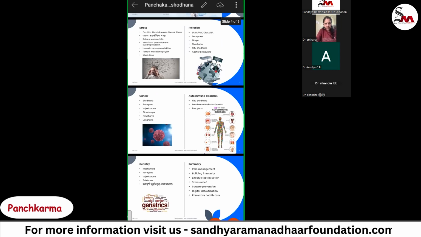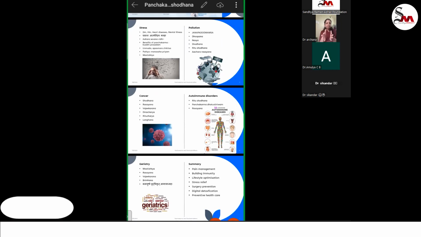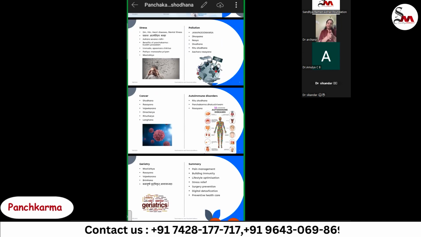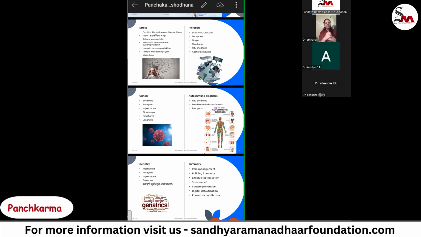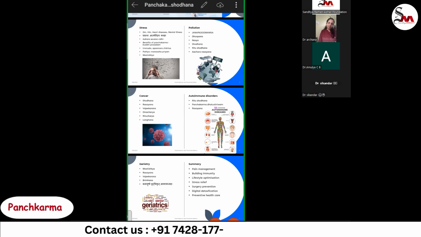Yes, okay. So pathya is whatever we suggest after Panchakarma. That also tells that it should be Manasah Priyam. Everywhere, whether it is Purva Karma, Pradhana Karma, Paschat Karma, or the diet mentioned after that, which comes under Panchakarma, both Sharirika and Manasika Bhavas are taken care of. And apart from all this, a wonderful gift Ayurveda has to offer in stress and mental illnesses is Mastishkya.